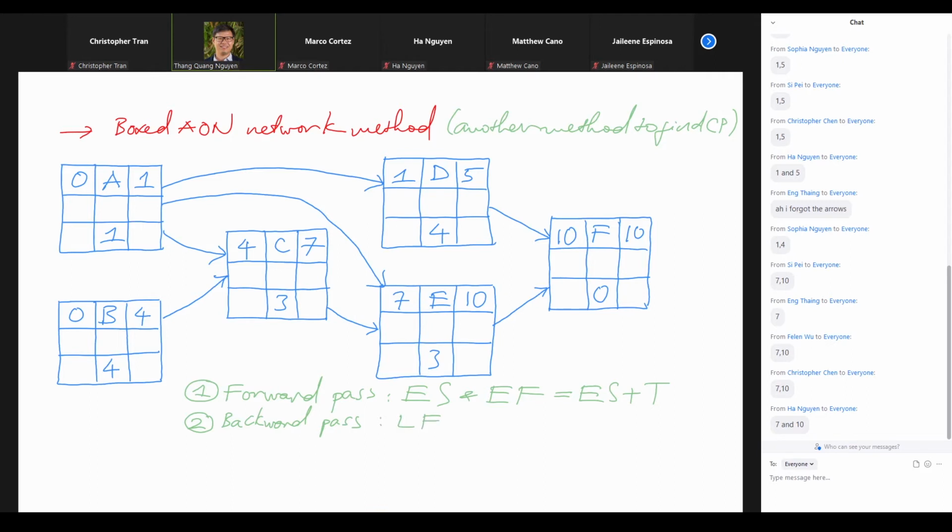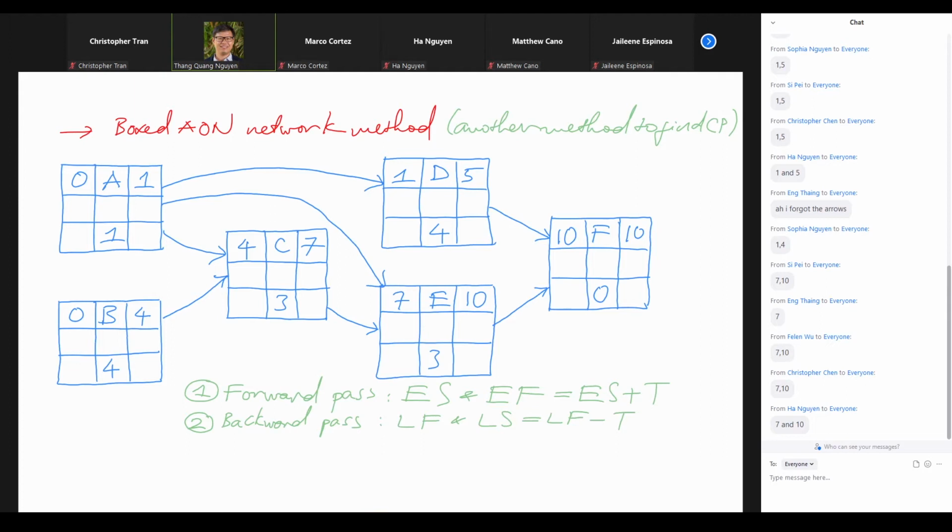And then you would subtract the T from it so that we have the latest start date. Right, so the latest start date equals the latest finish date minus T. As a reminder, the top row tells us the earliest dates. The bottom row tells us the latest dates. We also have the start date and the finish date, but they are the latest dates.